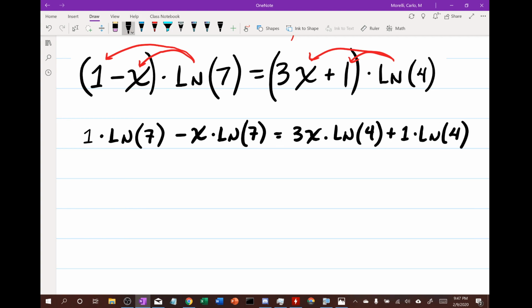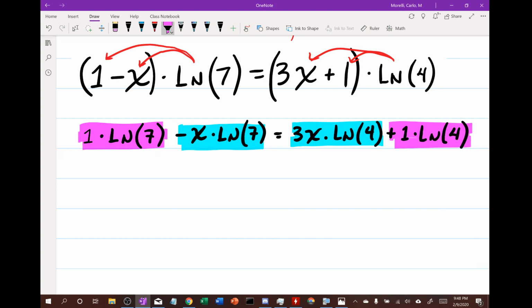Okay, so this looks kind of messy right now. But I'm starting to see some stuff here. Oh, okay, so here's what they want us to do. They want us to group these two terms together. And they want us to group these two terms together. All right.